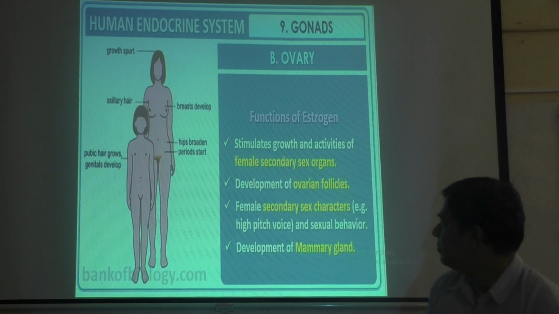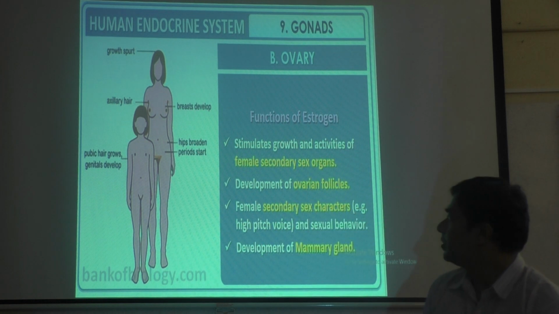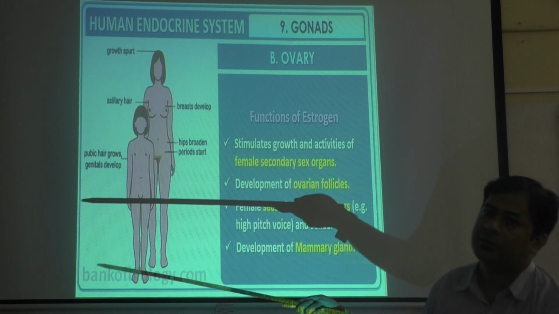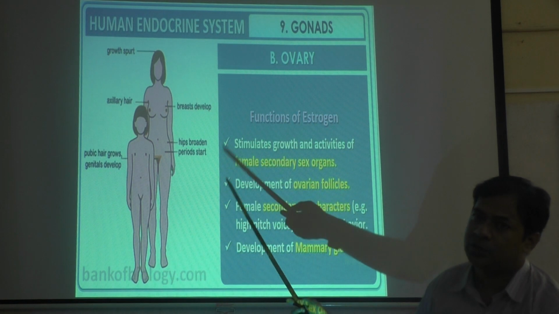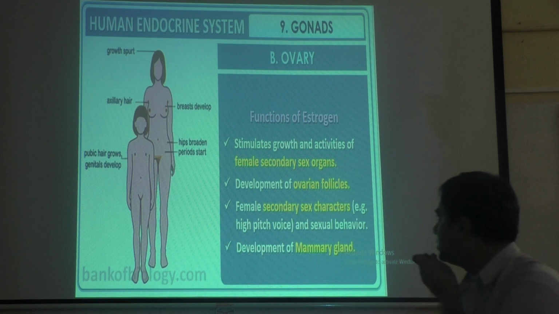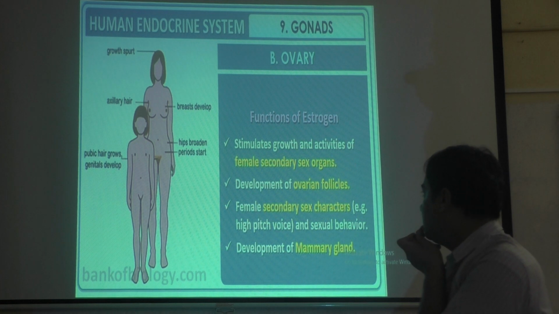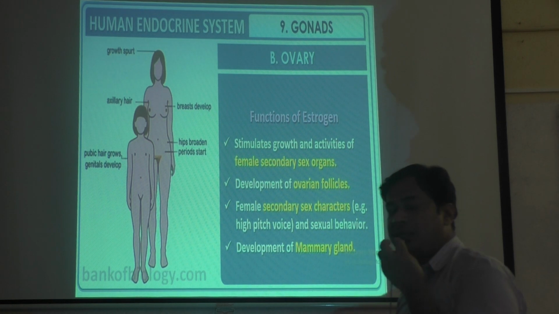Then what are the functions of estrogen hormone produced by follicles? First one, you can see the picture. That's why I am showing this PPT, because I can just explain, but to get clear imagination, these pictures are required. Estrogen stimulates growth and activities of female sex organs, and female secondary sex characters.